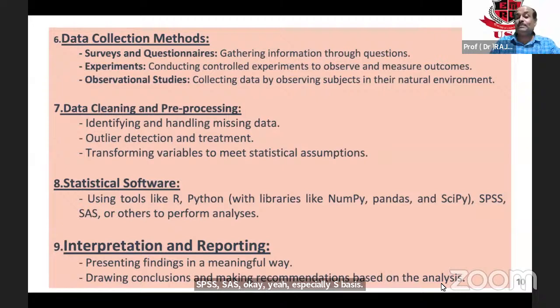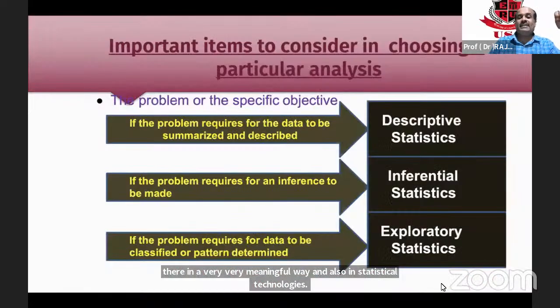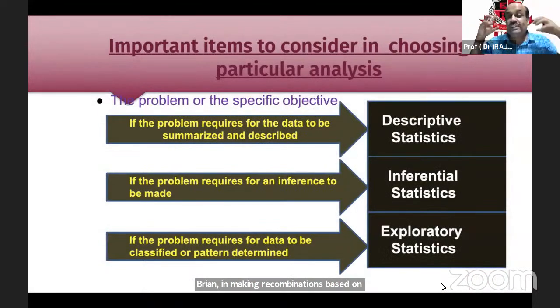Next comes interpretation and reporting. We have to interpret whatever the results are in a very meaningful way and also in statistical terminology, drawing conclusions and making recommendations based on the analysis. So this is all it includes as data analysis. Now how do we decide which to use?